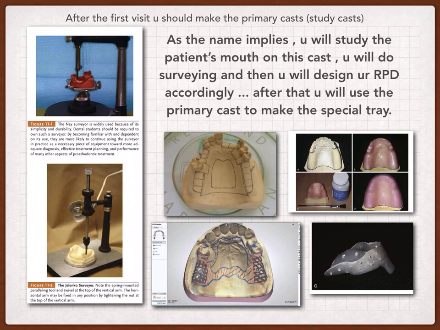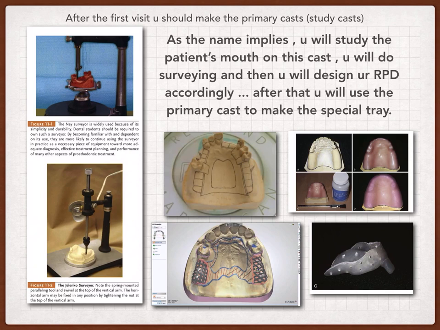The surveying procedure will locate the heights of contour of the teeth, and when we can locate the heights of contour of the teeth, we will be able to locate the place where we will put the direct retainers, because it is mostly below the height of contour. And also we may know the path of insertion and removal of the removable partial denture.